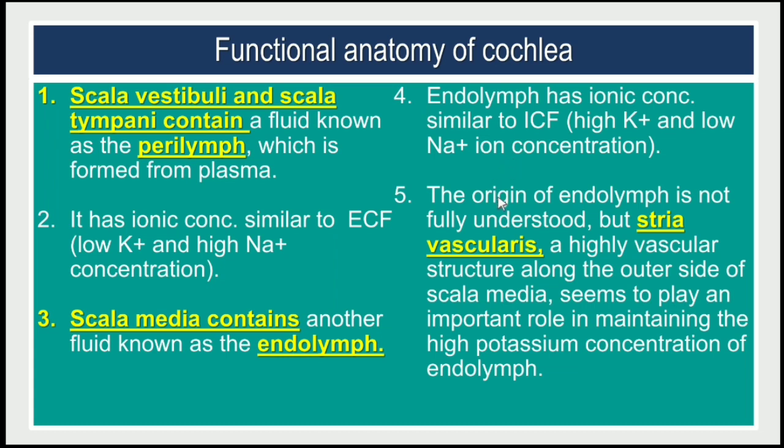The origin of endolymph is not fully understood, but there is a highly vascular structure called the stria vascularis along the outer side of scala media. I will show you in the next slide where the stria vascularis is present. It has a very important role in the production as well as maintaining the high potassium ion concentration in endolymph. So the structure behind the endolymph is the stria vascularis.